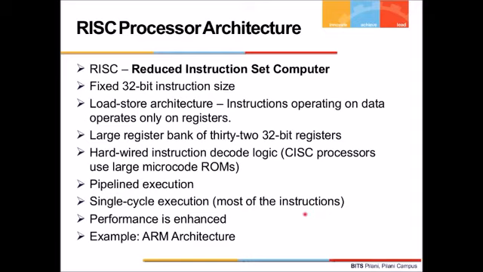Because of all these things, the performance is enhanced. The example is the ARM architecture. So these are RISC and CISC. For real-time purposes, generally these RISC architectures are used, and the most popular processor used in various real-time systems is ARM.